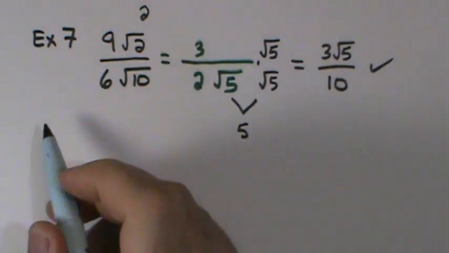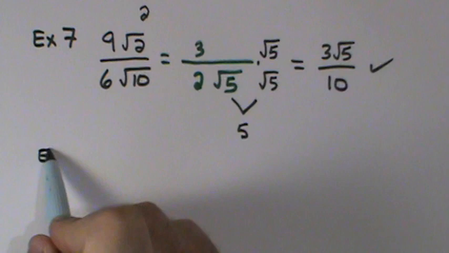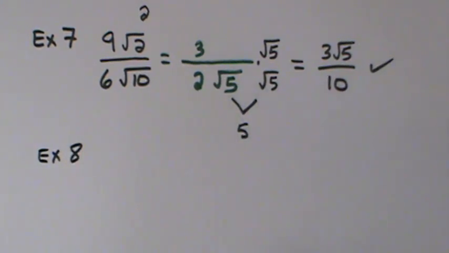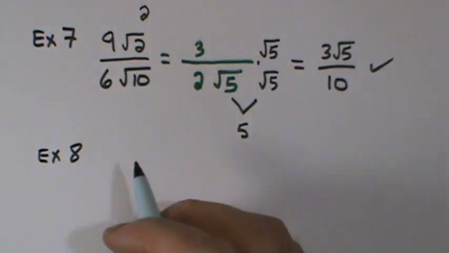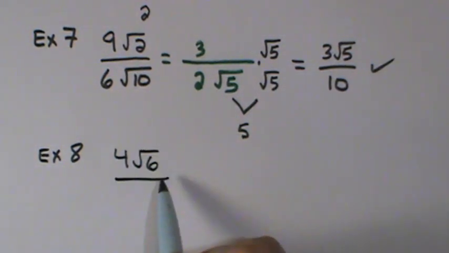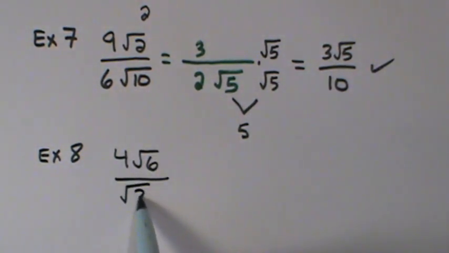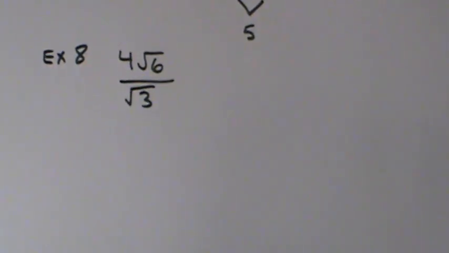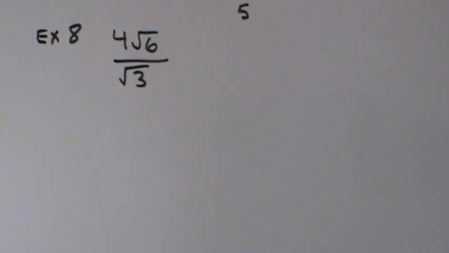And so we'll move on. We'll call this example 8. With example 8, I've got 4 rad 6 over rad 3. And hopefully you're starting to see that I'm constantly looking for that opportunity to cancel or reduce, cancel or reduce. In this situation, the rad 6 and the rad 3 can be reduced.